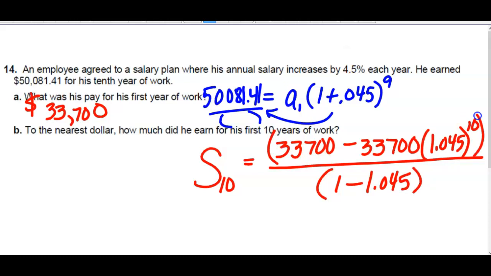All right, I'm going to try to type quickly. 33,700 minus 33,700 times 1.045 to the 10th. Enter, and then divided by 1 minus 1.045. I got 414,112.66. So 414,000 he made in 10 years.